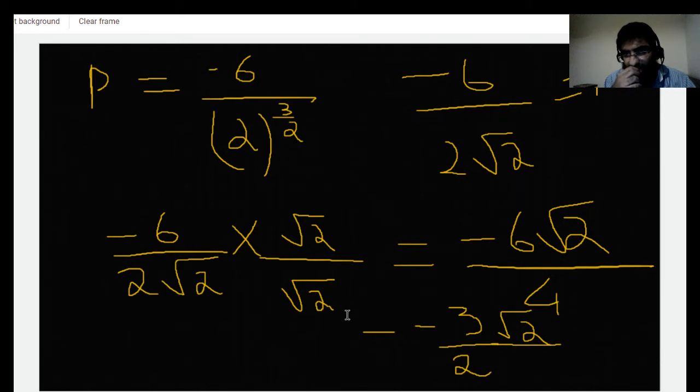Wait 1 second. You had 2 root 2 and you multiplied with... It should have been... wait a second.